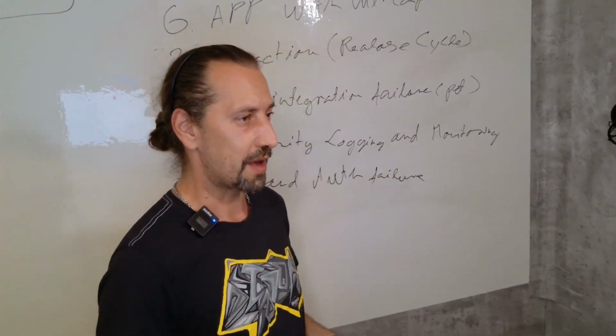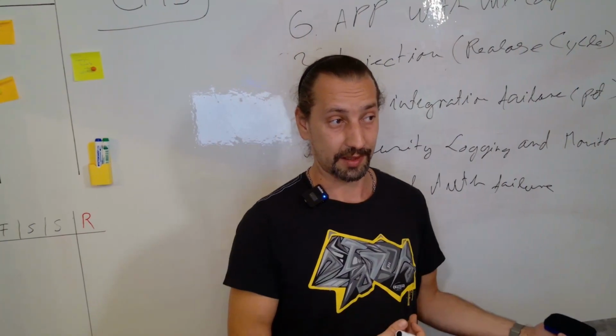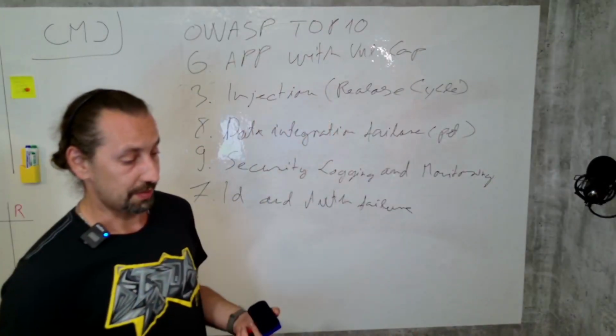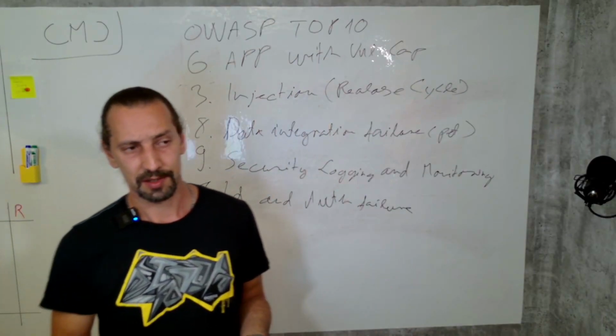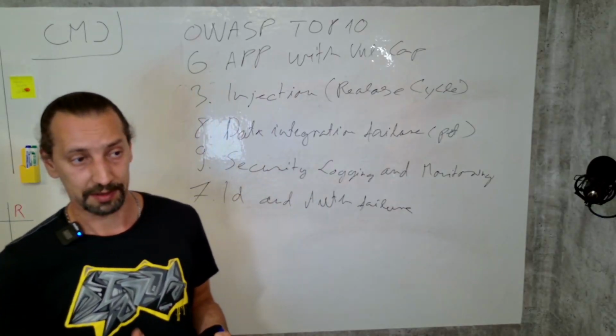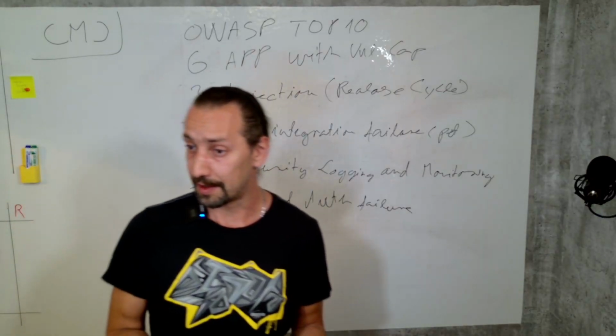So there is no logging around who did what, or you don't store it somewhere. So you basically can't create an alert about an event and similar things like this.